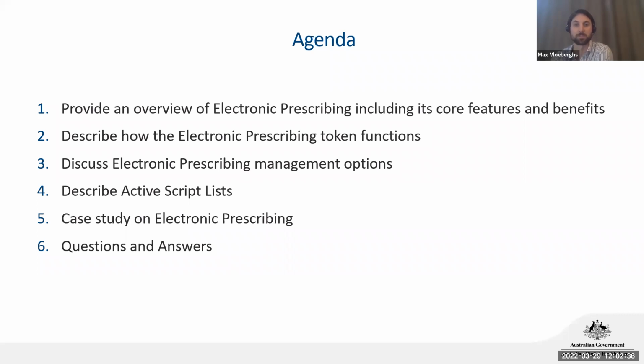We're going to discuss management options for electronic prescribing and look into active script lists. We're also going to explore a case study on electronic prescribing, as well as go through some questions and answers with you.